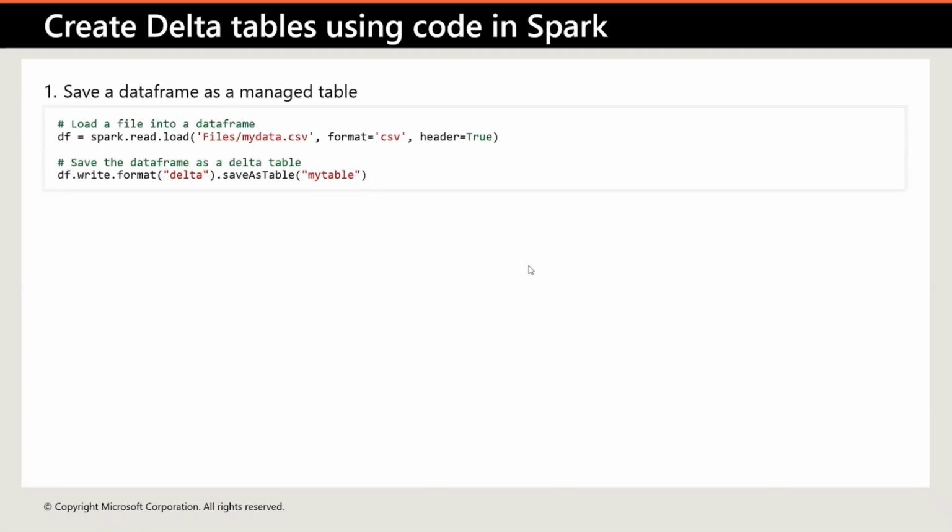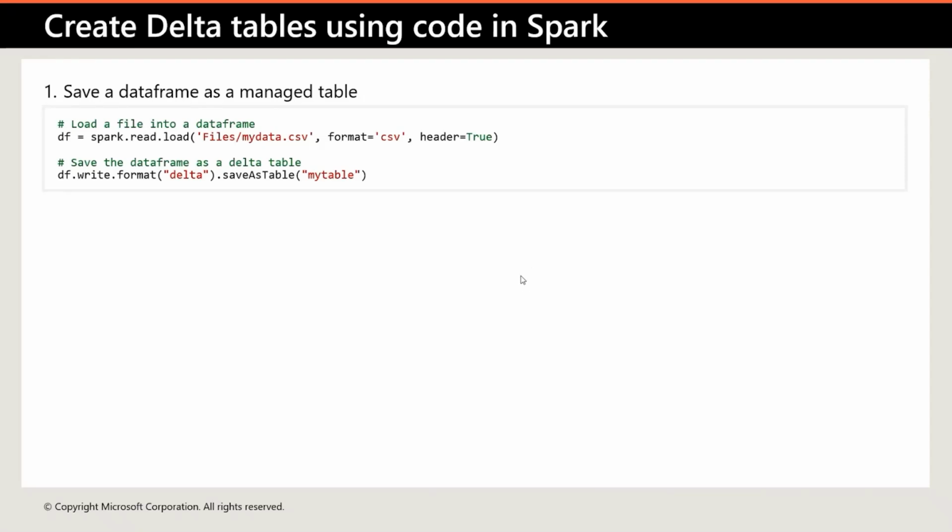With most interactive tools in the Microsoft Fabric environment, the details of mapping the table definition in the metastore to the underlying files are abstracted. However, when working with Apache Spark in a lakehouse, you have greater control of the creation and management of delta tables. So let's see how to create a delta table from a data frame.